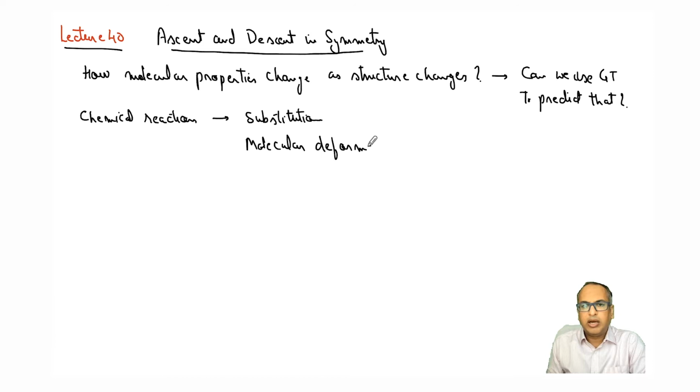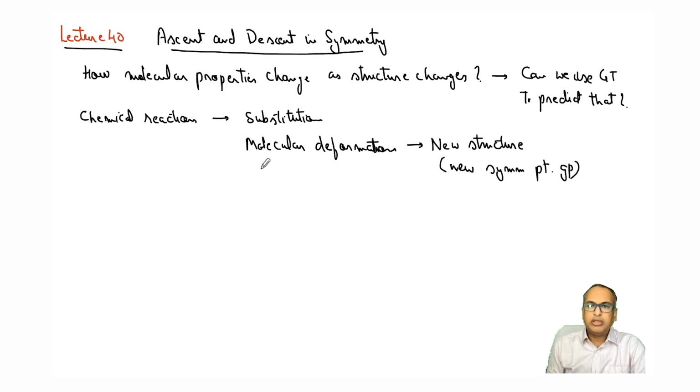Structural deformation can also happen due to other reasons and not just chemical reaction, for example a change in conformation. All of this leads to a new structure with a new symmetry point group.